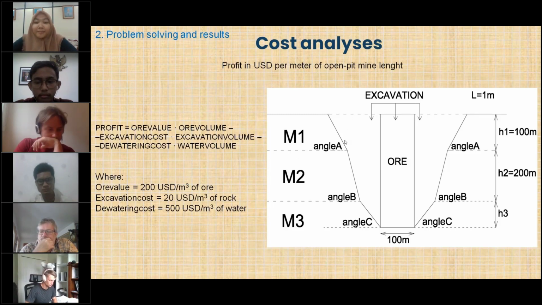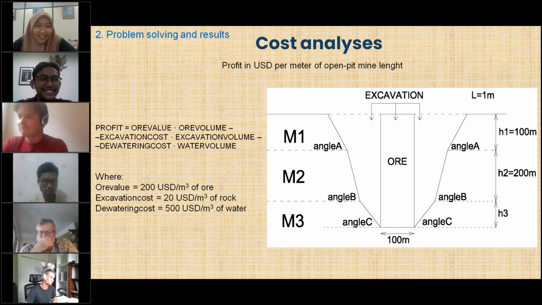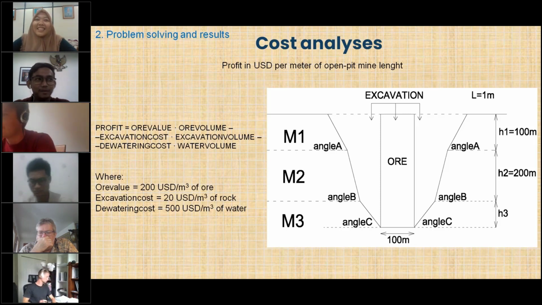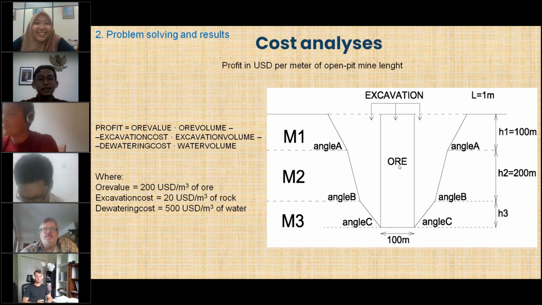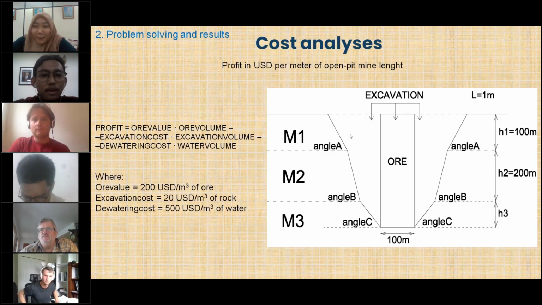It is a very simple calculation because we already have values of costs and values of incomes of selling, and these volumes were calculated as areas on this picture. These areas are really simple.